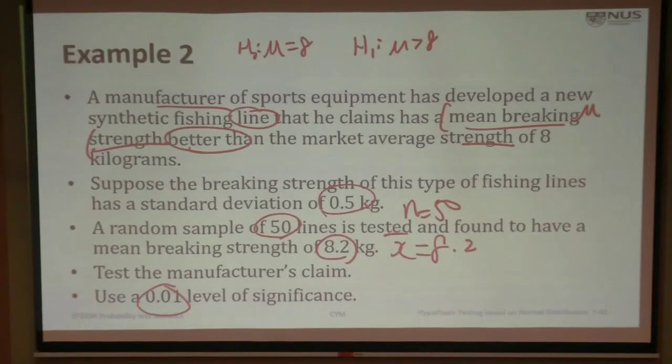It means that we want stronger evidence to reject my statement mu equal to 8 and favor the manufacturer's claim that mu is bigger than 8. So I set 1%. In other words, I need the average breaking strength to be much further away from the null hypothesis value 8 in order to reject the null hypothesis.